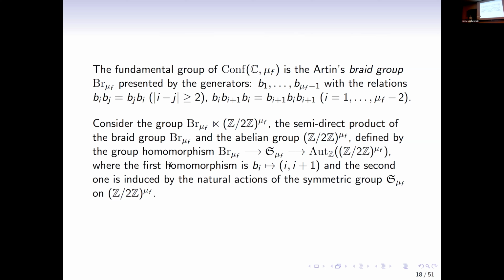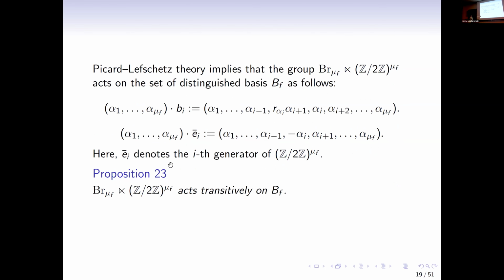So therefore, the group generated by the braid group and the sign change group naturally acts on the set of distinguished bases. This is a homology version of the braid group action in the previous talk.